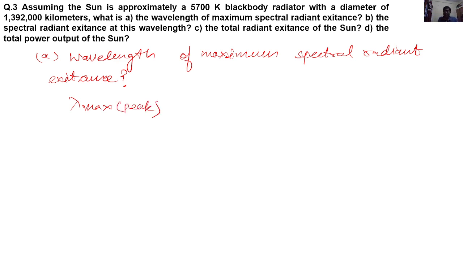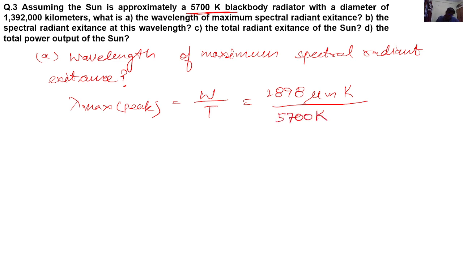This part A is just Wien's displacement law. We did it just like two questions from now. So it is 2898 micrometer Kelvin by temperature. Temperature is 5700 Kelvin, already given in the question. So it comes out to be 0.508 micrometer, again in the visible range.